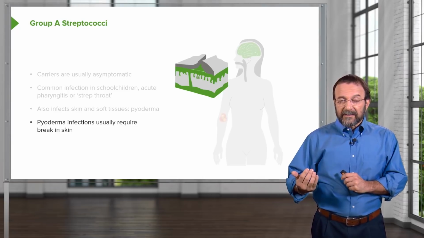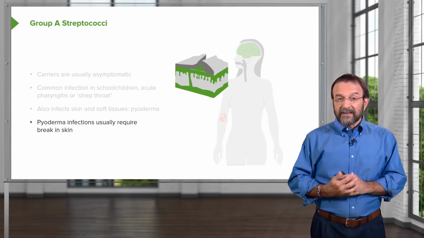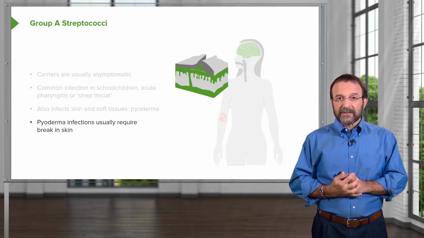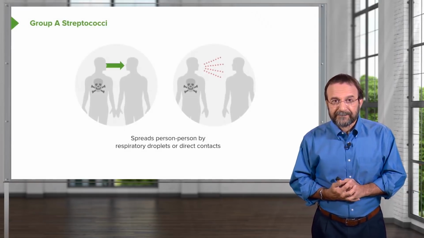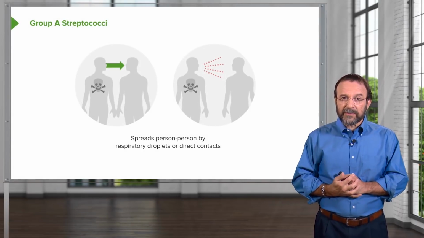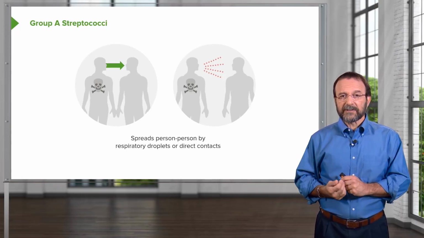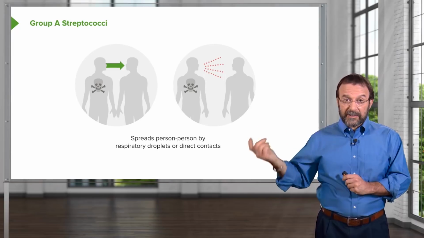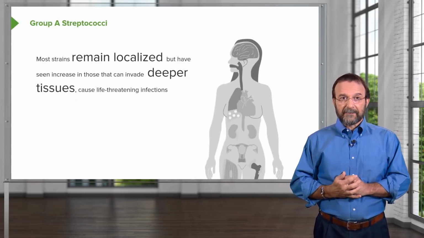If you're a carrier, you get an infection. If you're not a carrier and you're unlucky enough to have touched someone who has Streptococci on your skin, you'll get a pyoderma. It's spread from person to person, again, by respiratory droplets produced by coughing, sneezing, or talking, or by direct contact, very much like the Staphylococci.